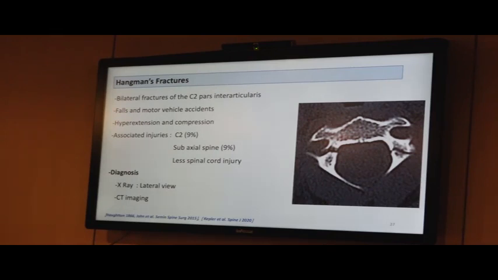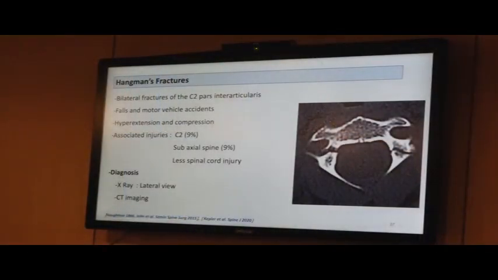Most traumatic hangman fractures are a result of a fall or motor vehicle accident, and the injury mechanism typically involves a hyperextension and compression insult. Only 9% were associated with fracture of the atlas, and an additional 9% were associated with fracture of the subaxial spine.